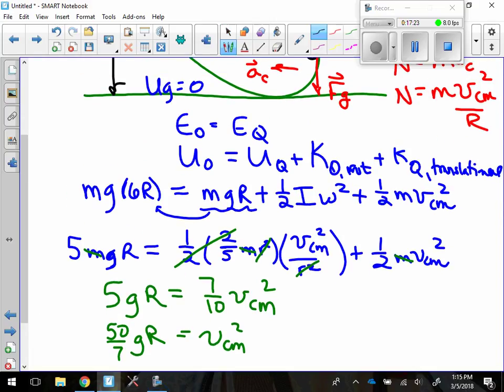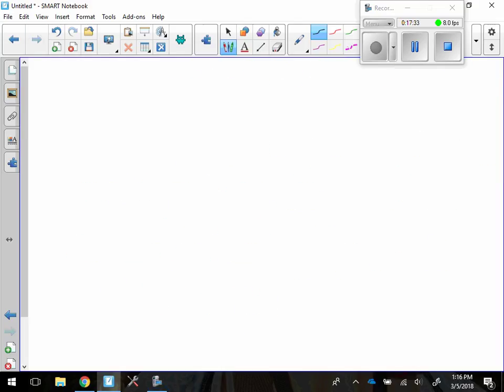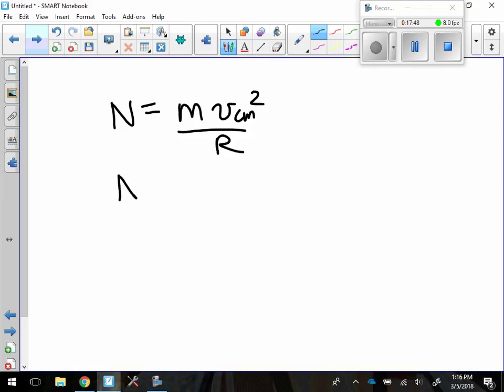And remember, we said a couple minutes ago that my normal force was m V center of mass squared over r. Let's just write that again on a new sheet. What was it? I've lost it already. m V center of mass squared over r. And our V center of mass squared was 50/7 gR.